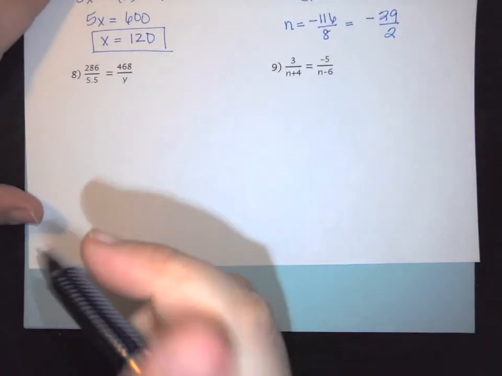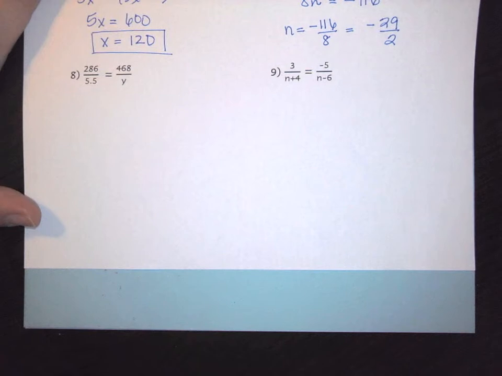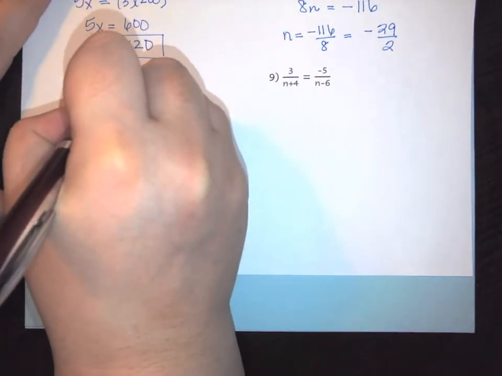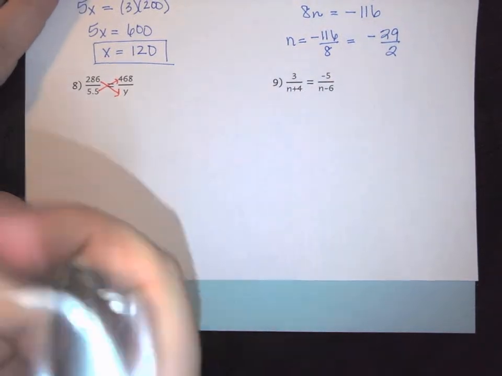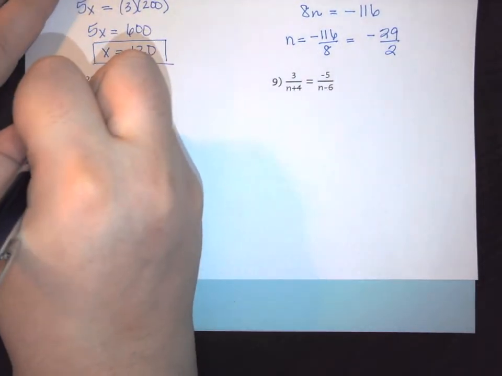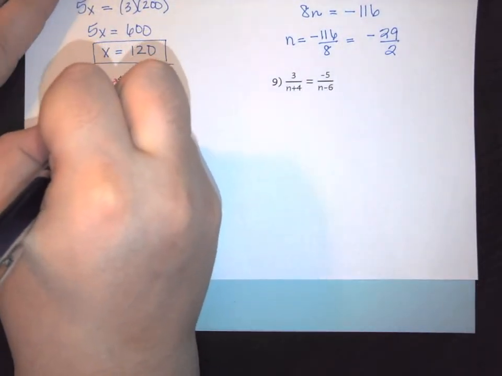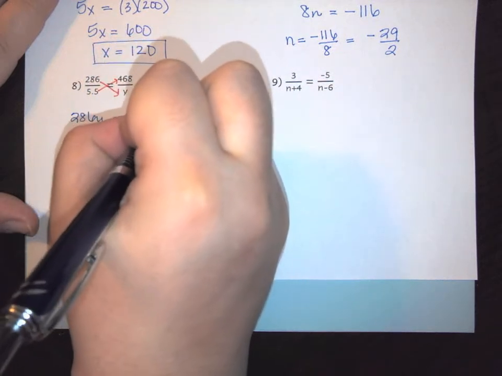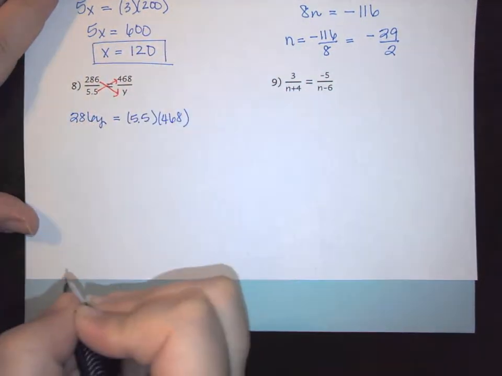Okay, let's look at the next one. We're still going to do the same thing, where we're going to cross multiply in order to set up and solve our proportion. So here we're going to have 286y is equal to 5.5 times 468.